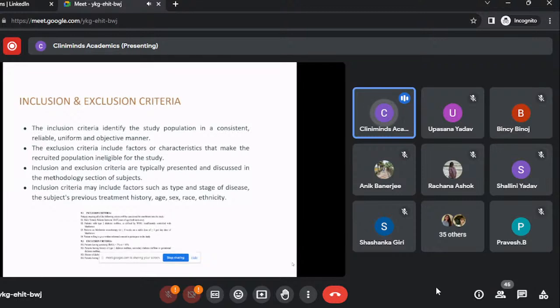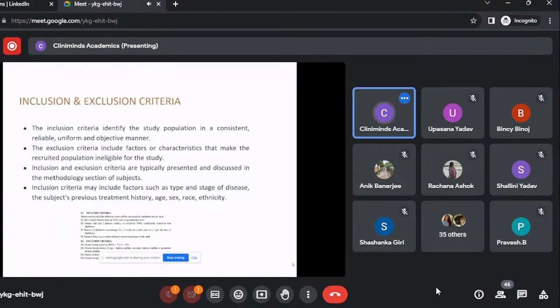In case any of the inclusion criteria is answered as no, will the patient be in or out? Out. If any of the inclusion criteria is met as no, then the patient will be out of the study.